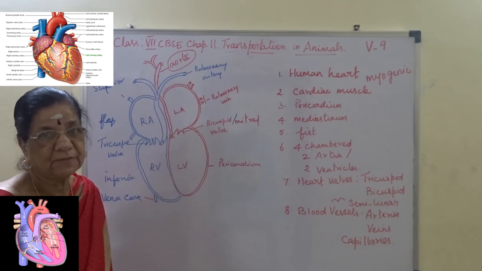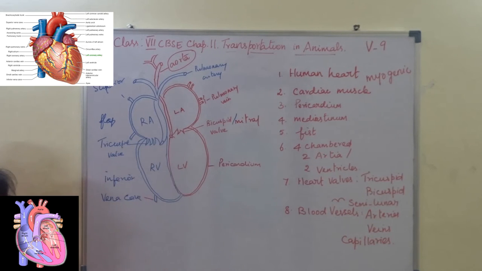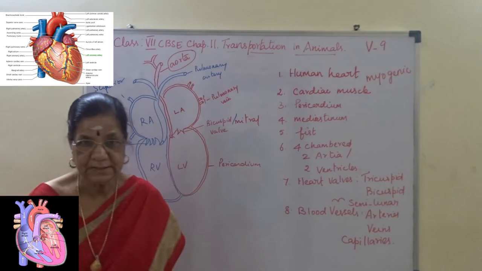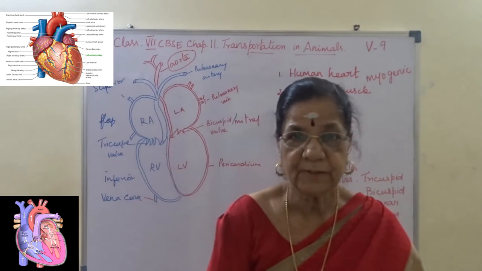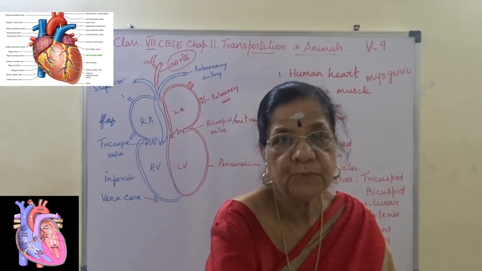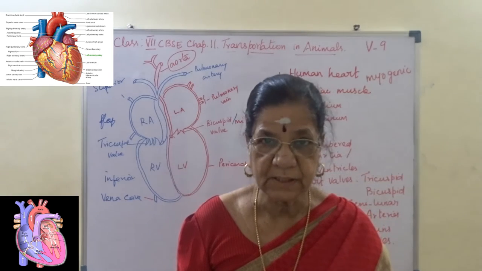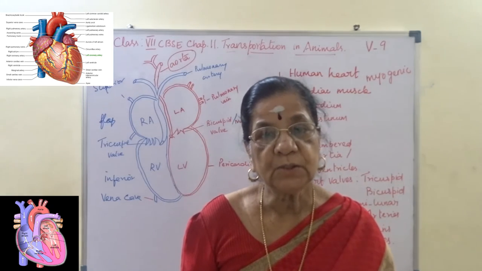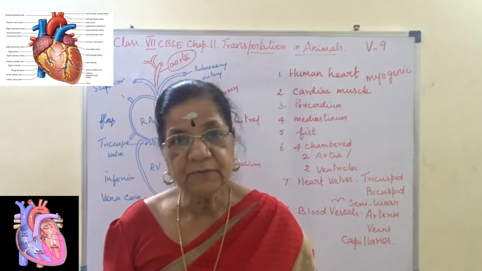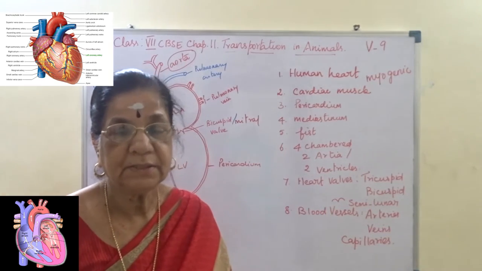I hope you understand. So now the right atrium receives blood from various parts of the body through the superior vena cava, inferior vena cava, and coronary vein. The heart itself is supplied with artery and vein.